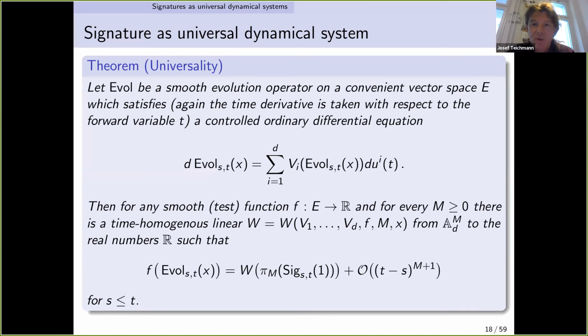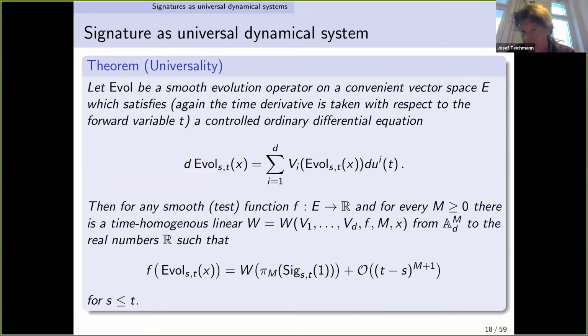And if the control is smooth, then we can estimate the remainder term in a way such that it is of order T minus S to the power M plus 1. So that's the universality of the system, and this is what is precisely meant.